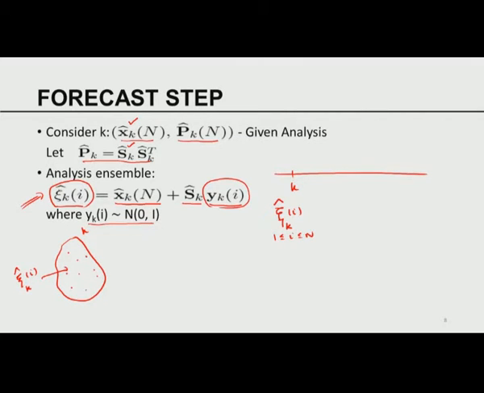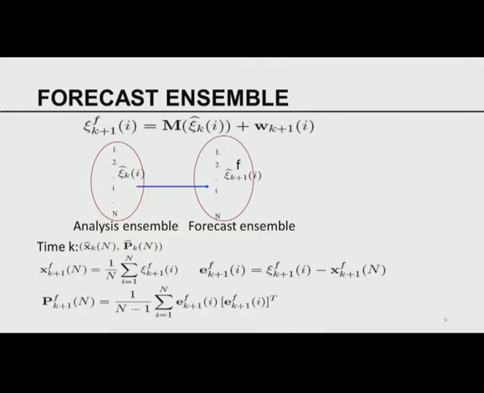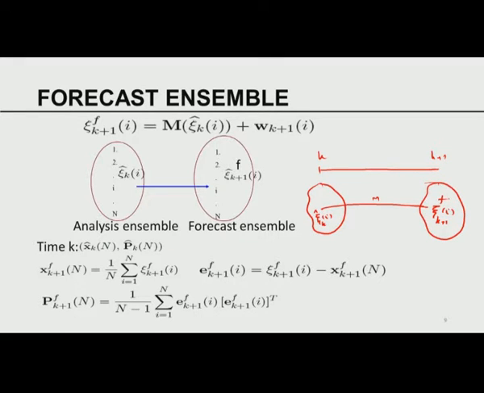So I have an analysis ensemble at time k. Now I have to create a forecast ensemble for the next time, going from time k to k plus 1. I take a particular analysis ensemble member, xi_k^i hat, run it through the model, and get the forecast ensemble member, xi_{k+1}^i f. xi_k^i is the ith ensemble member at time k.